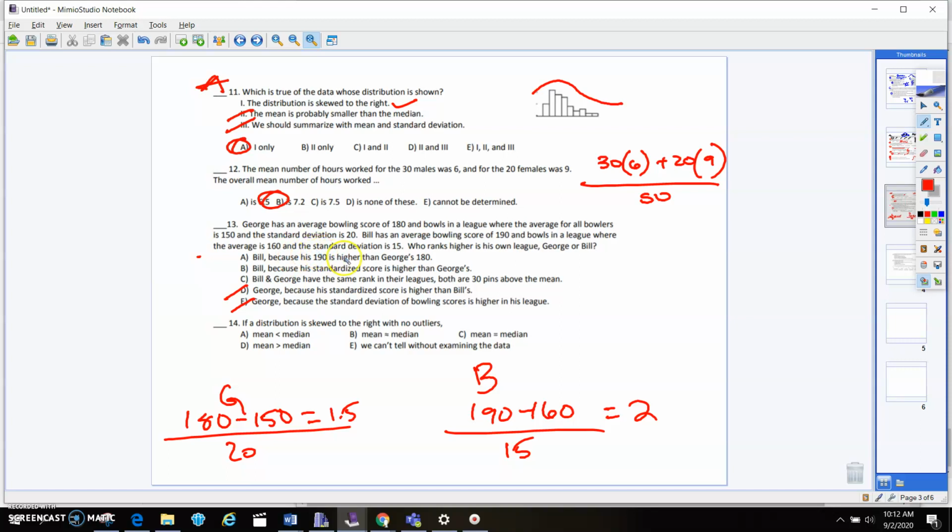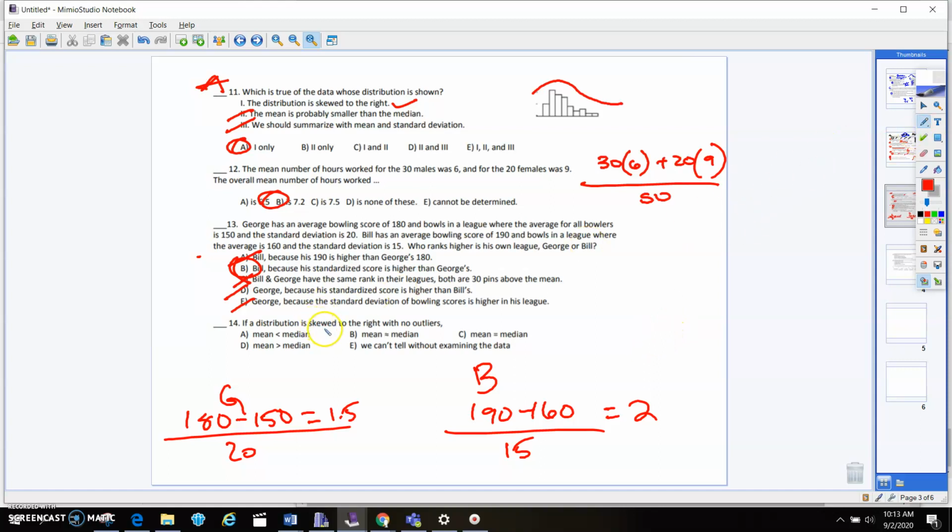So is it because his 190 is bigger than 180? Not necessarily, because this is 150 and this is 160. So that's not the case. They don't have the same rank in their league. So Bill must have a higher standardized score than George's, which we already see, right? And that's from calculating that z-score.